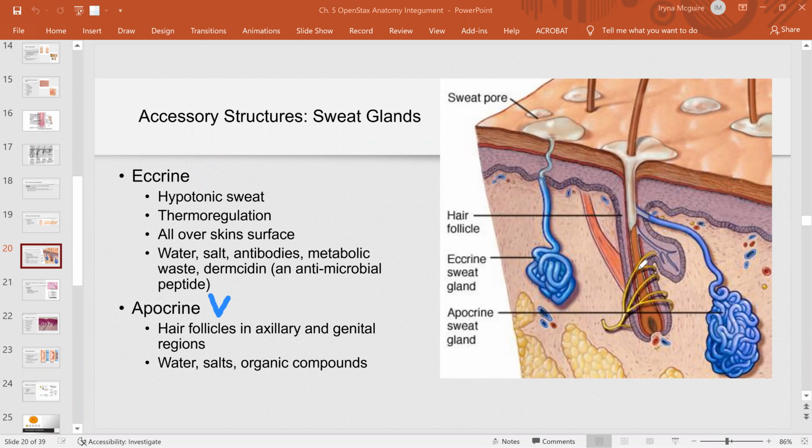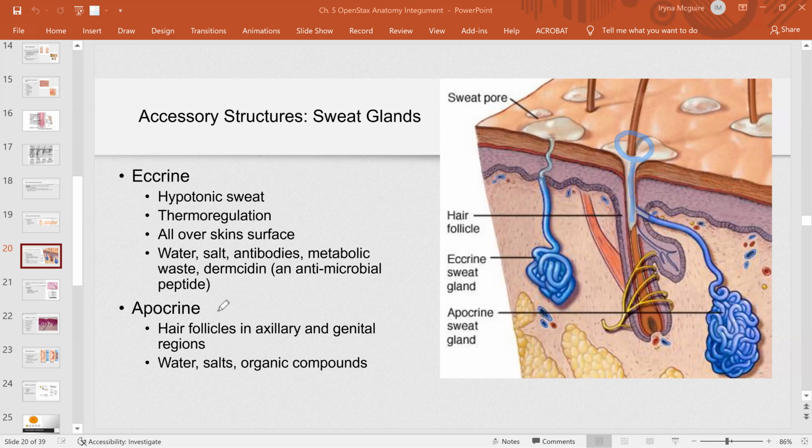So if you look on this diagram, you can see one sweat gland has a duct that deposits sweat on the surface of your skin, and another gland has a duct associated with hair follicle, and you release your sweat around your hair.